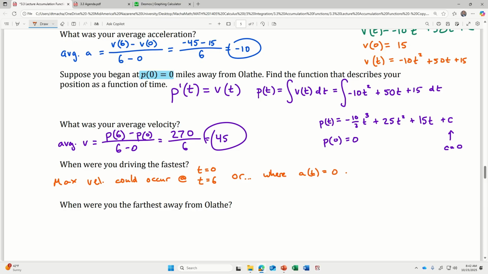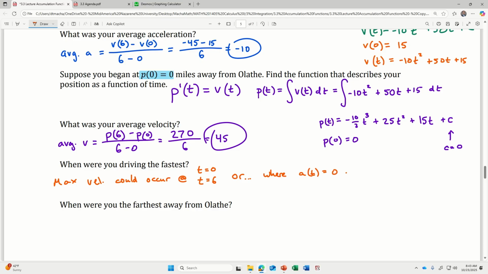The maximum velocity would occur at t equals 0 if I started off really fast and I just slowed down the entire time. The maximum velocity could occur at t equals 6 if I start off slow and I'm accelerating the whole time and then hit a maximum velocity at the end. Or another possibility is maybe I'm accelerating, getting faster and faster, and then I start to slow down again.